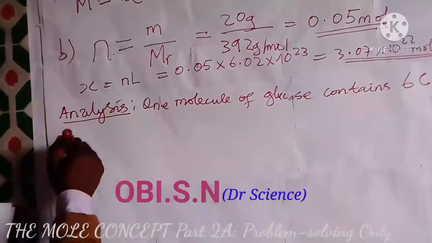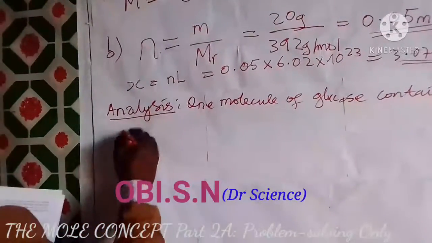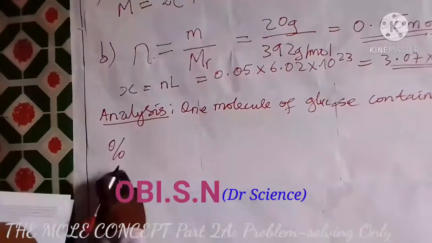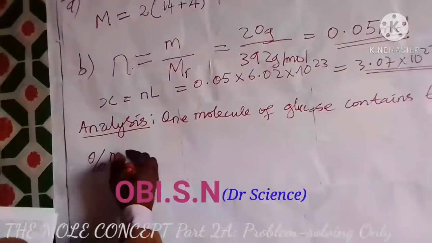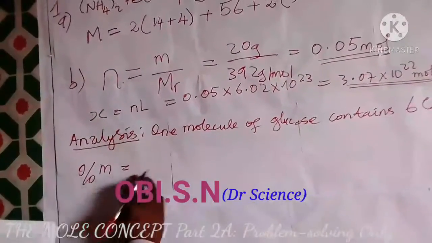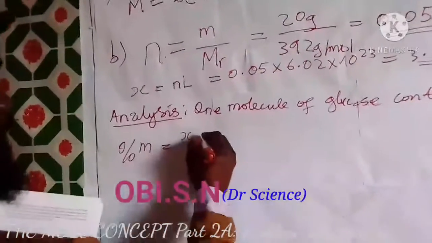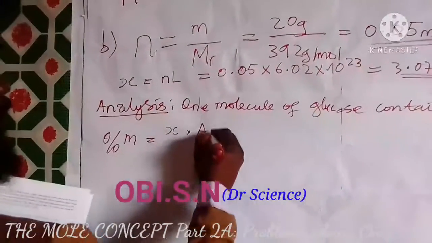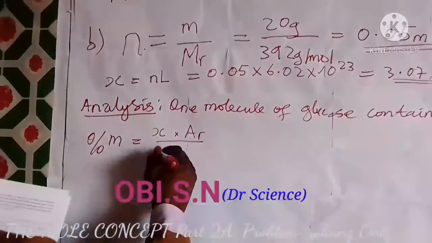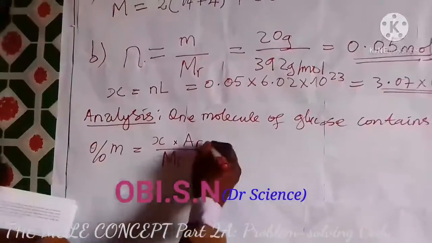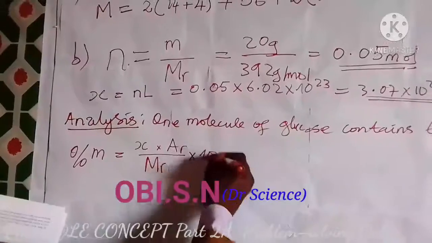Now, in the first video, we learned that percentage composition is equal to X times AR divided by MR times 100.